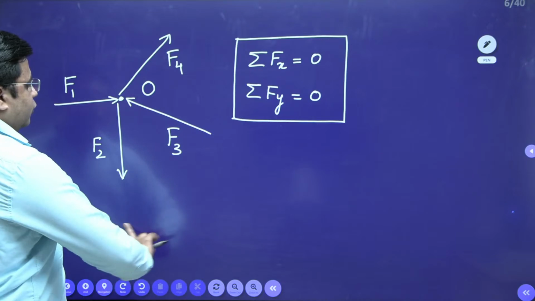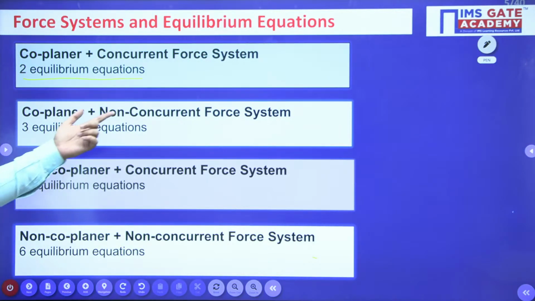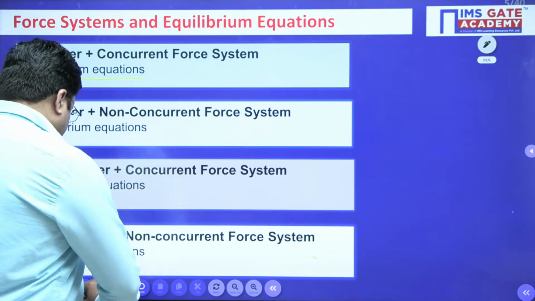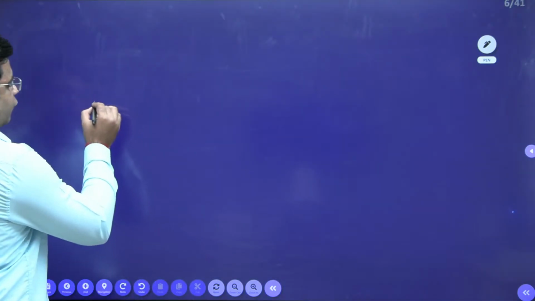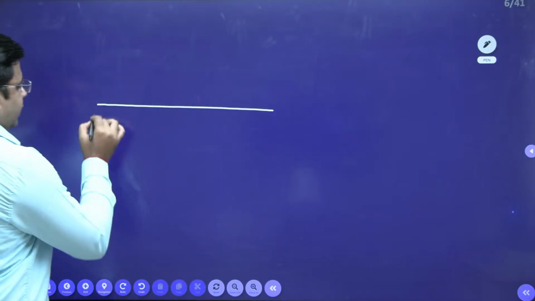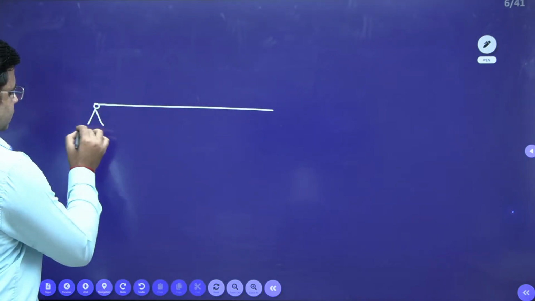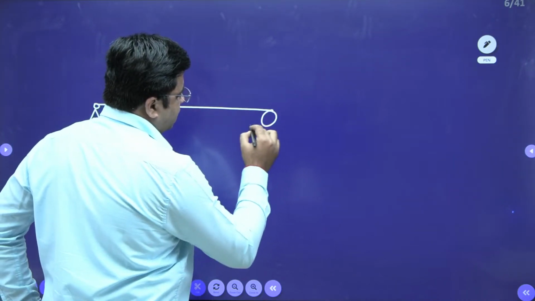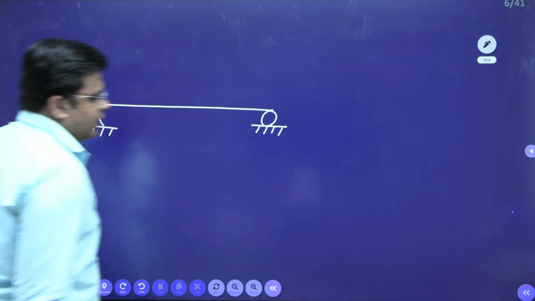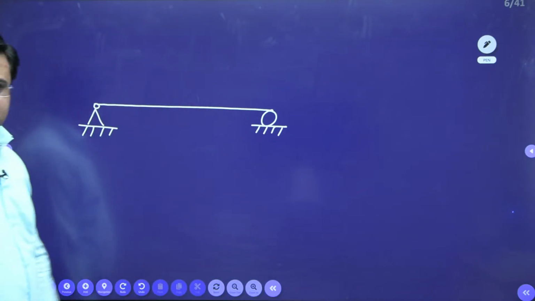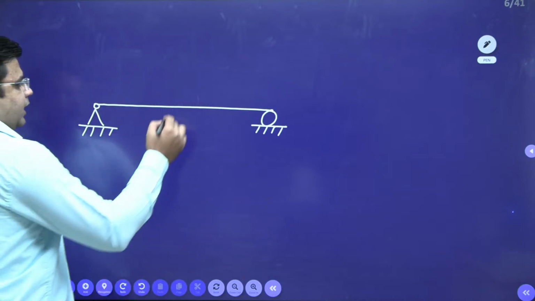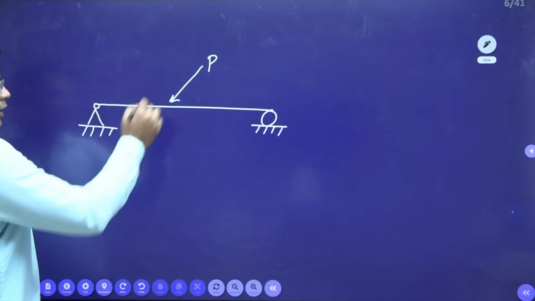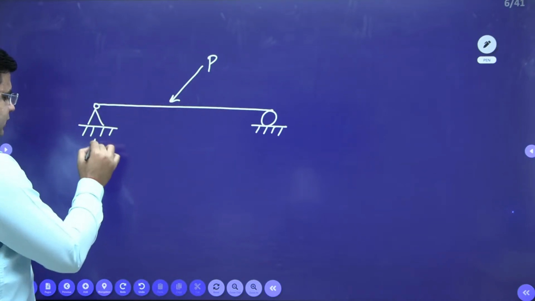The next type of force system is the coplanar and non-concurrent force system. When we talk about this type of force system, I'll just quickly give you an example. If you have a beam like this, right? For a beam like this, the beam that we consider is a 2D structure. It is a simply supported beam. For this beam, if any external general loading is there, corresponding to this load, you have support reactions like this.